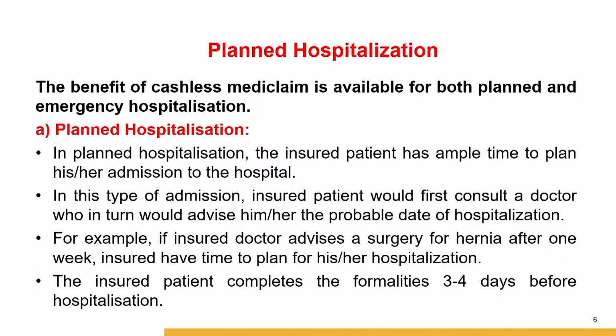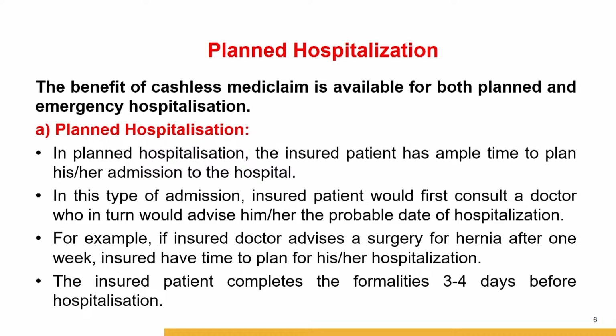Generally in these cases, the insured patient preferably goes to a network hospital and there they talk to a doctor, saying that I would like to avail a planned hospitalization for my illness of cataract.